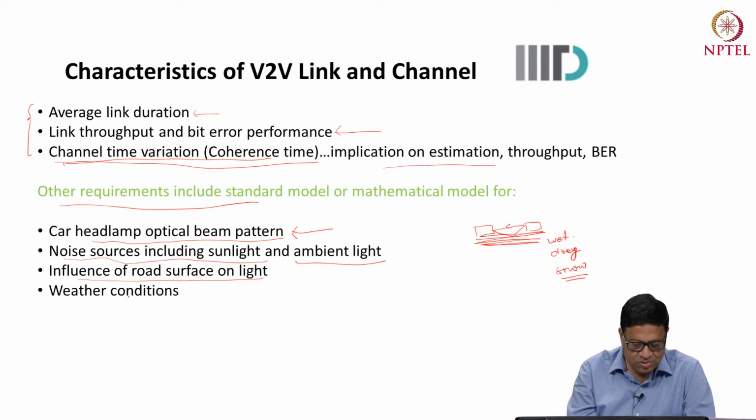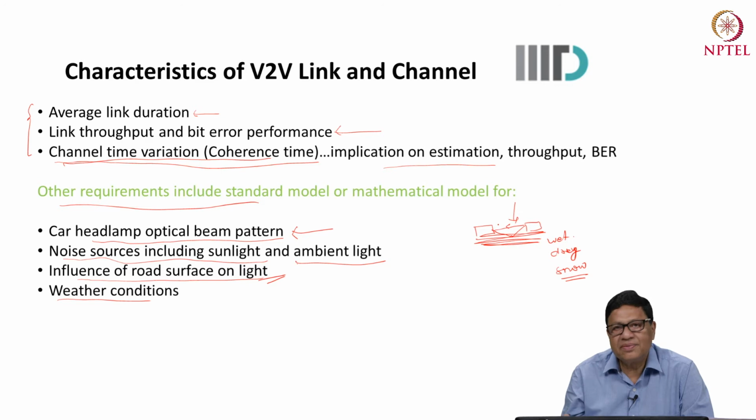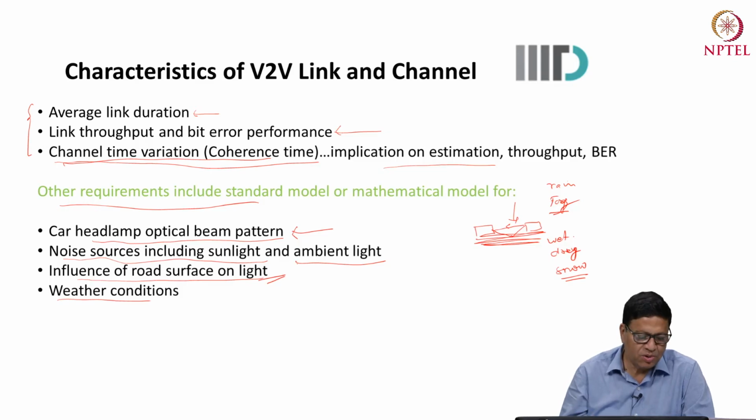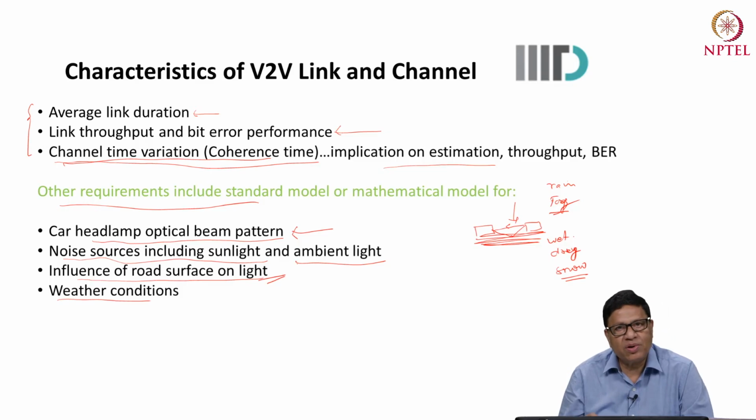So one needs to see the influence of road surface and weather conditions on the light. For example, if it is raining, or there is fog, the light will get attenuated. So one has to model this as well. These are the other requirements which have to be modeled in order to find out the average link duration, the link throughput, and the typical coherence time.